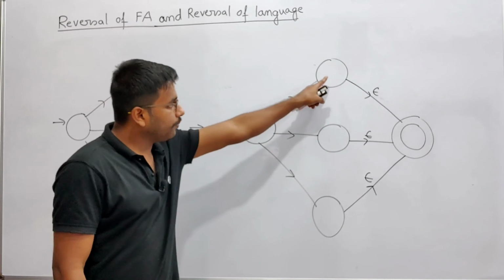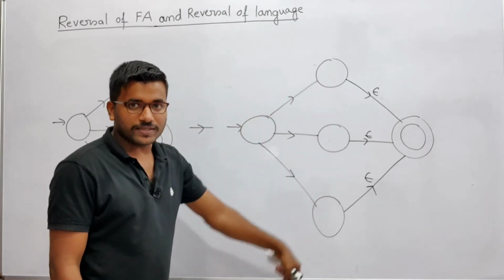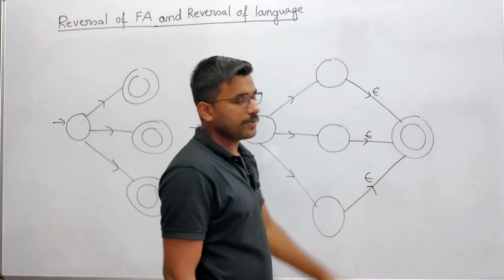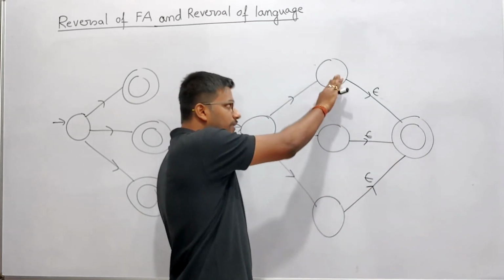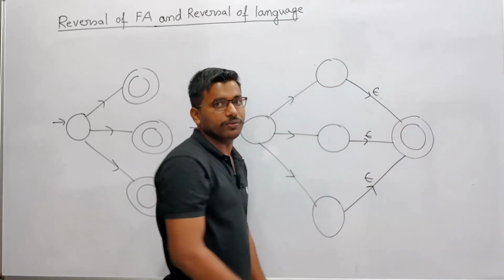How? Make all the final states non-final and create a new final state in such a way that by only getting epsilon from the previous final states, you reach the new final state.